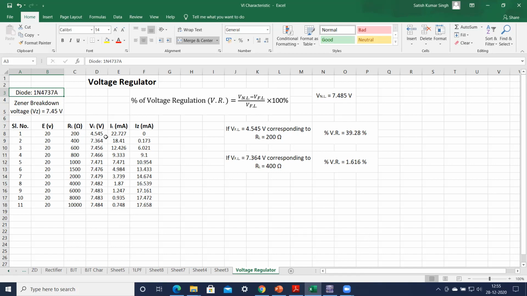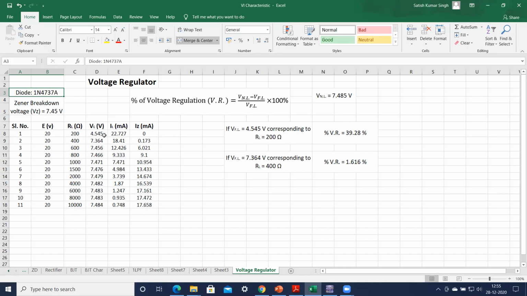You can see it is 22.727 milliamperes, so it is drawing the maximum current when the load was minimum. Similarly, when the load is increasing and reaches 10 kilo ohms, the load current is minimum.